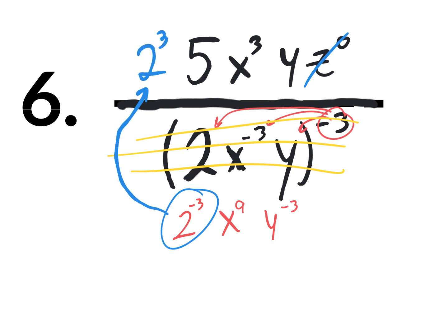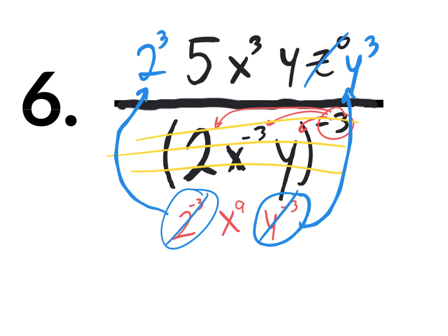I'm going to take this y to the -3 and move it up and make it a y to the +3, okay? So they are no longer down here, they are up here. And I had to change the sign. So since they're no longer down there, I'm going to put a line through them. And now what do I have? Well, I have just a single x to the 9th in the denominator.